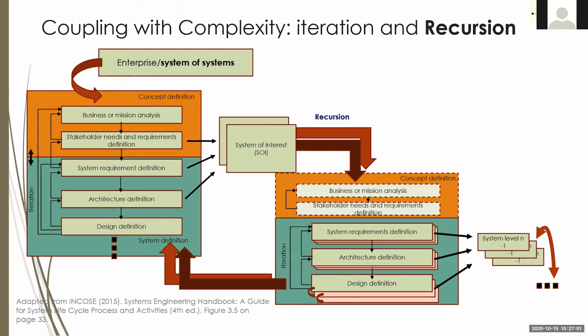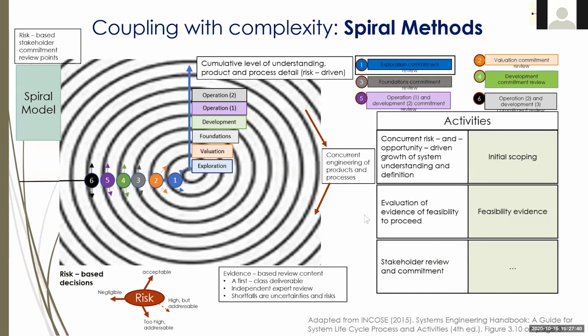So what we need to understand is that in developing a system, there are two things happening: iterations between the same level of abstraction, and recursions by going to different levels of abstraction: systems of systems, systems of interest, subsystems, components, and then even for a component, you may have to follow the same development cycle. So we have to be open to understand that we may have to repeat activities many times, and that you may have to apply the whole concepts at different levels of abstraction. And that's what gets complicated and difficult to work on.